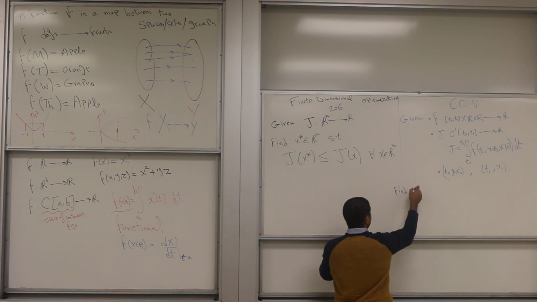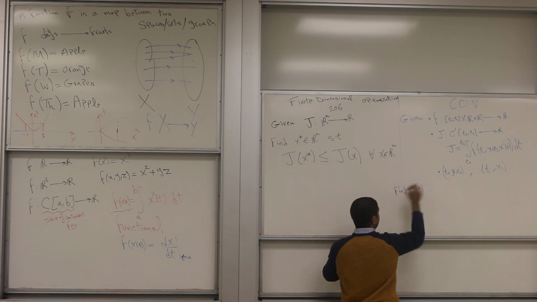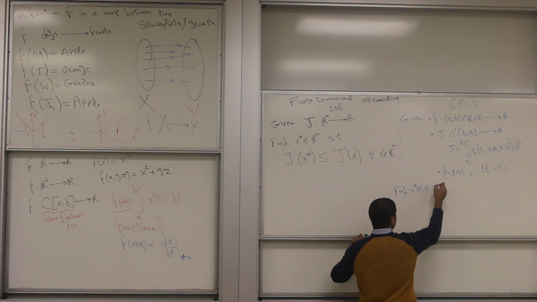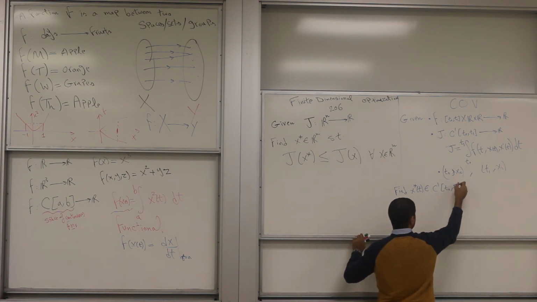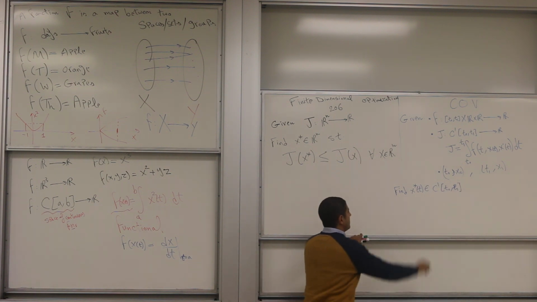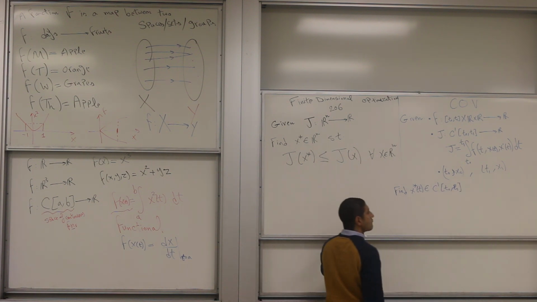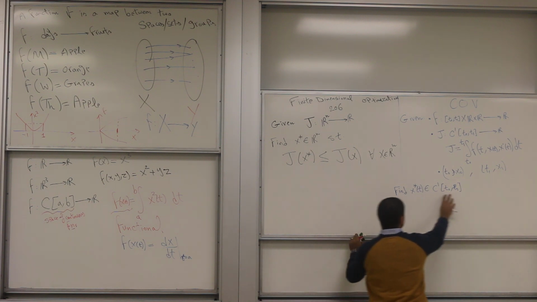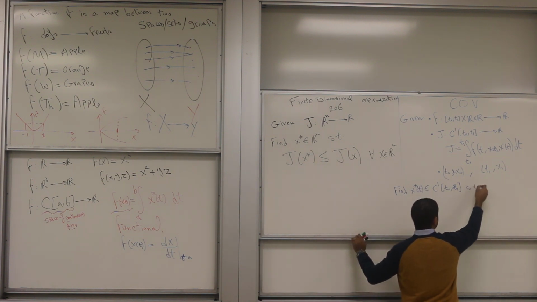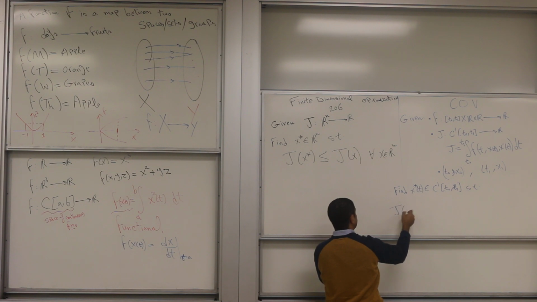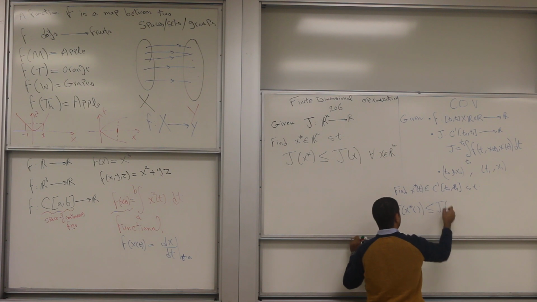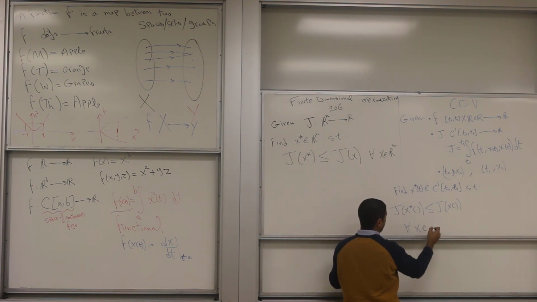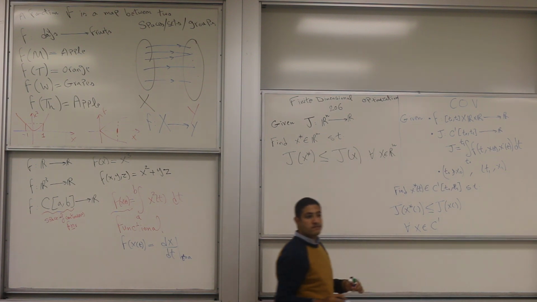Find x star of t. It's a function that lives in C1. I need a differentiable function. Find x star of t such that J of x star is less than J of x for all x in the neighborhood or in C1. Okay?